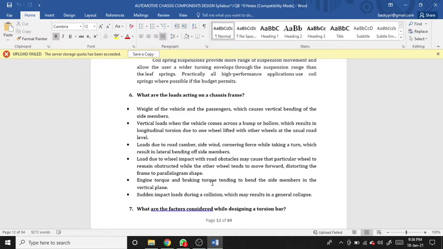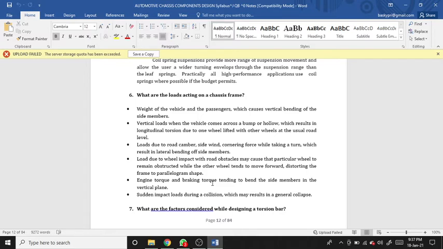For that reason, if you start your bike in first gear, even if you give full acceleration, the maximum you can travel is about 20 km per hour. At the same time, if you run your bike in fourth gear, the torque will be very low. So remember, the torque is always inversely proportional to the speed. That means if torque increases, speed decreases, and vice versa.